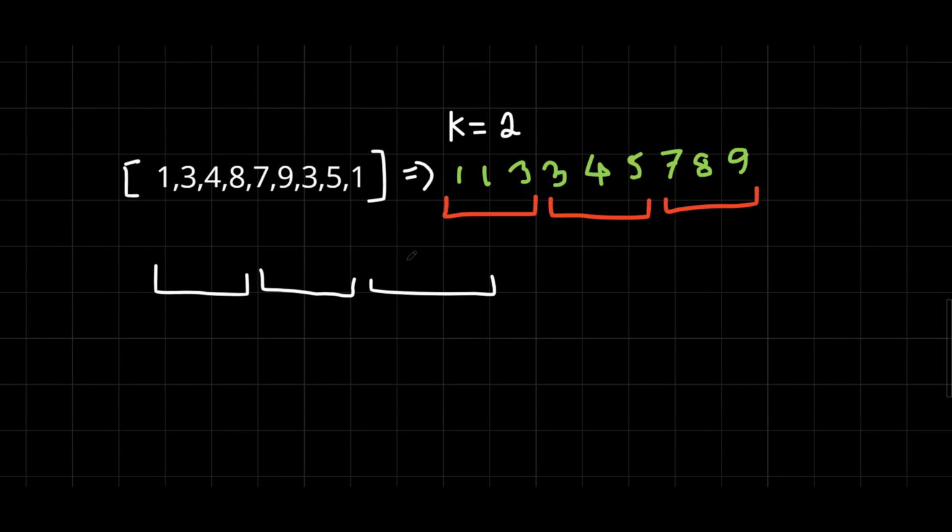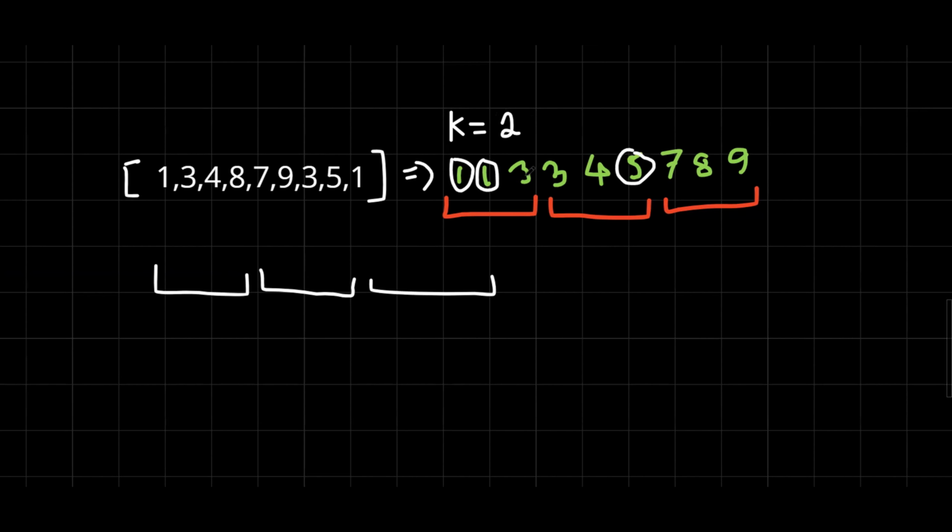Now, suppose we take consecutive values into the subarray, then the chance of the difference between any of the elements exceeding the value k will be minimized. Because suppose I take one element here, and another element from here.